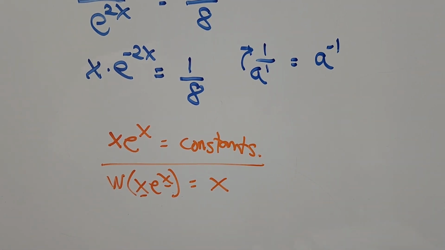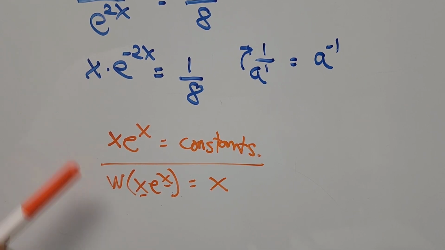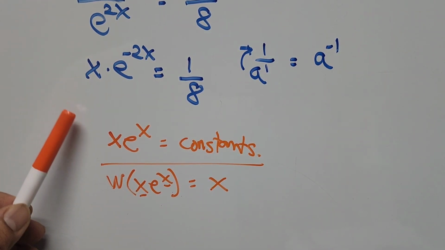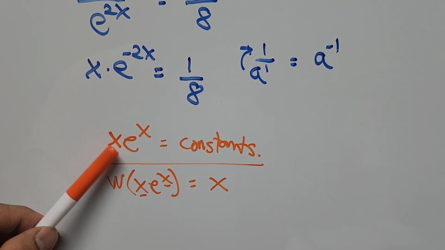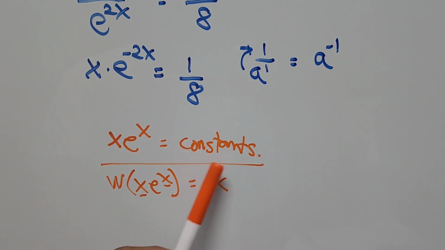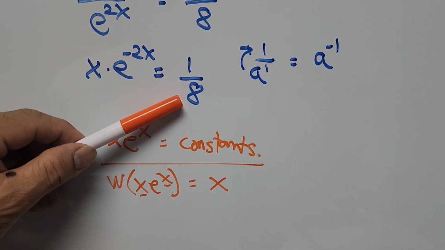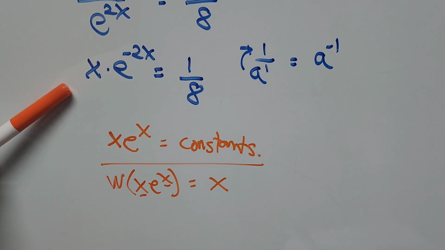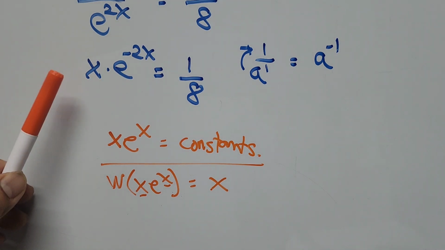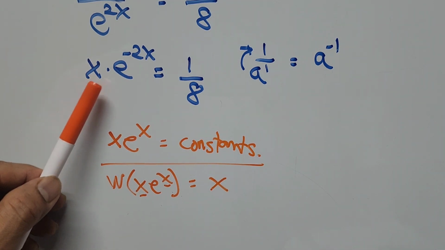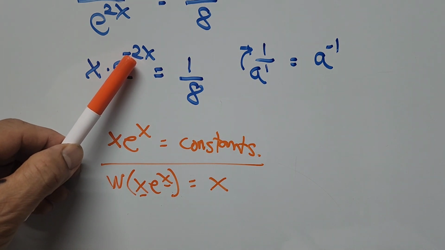So now going back to our equation again, our target is x times e to the power of x equal to some constant. The right hand side is the constant, 1 over 8. And here the variables look like this. And if you notice again, the base is x and the exponent is negative 2x.